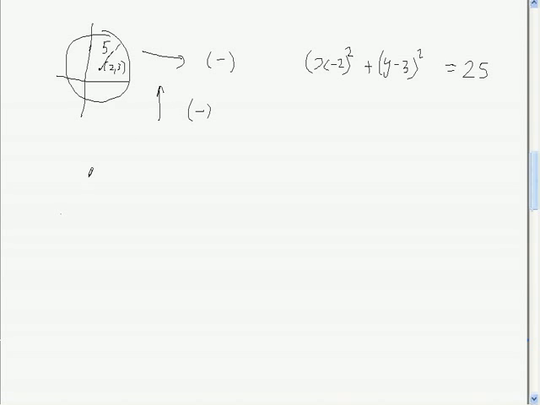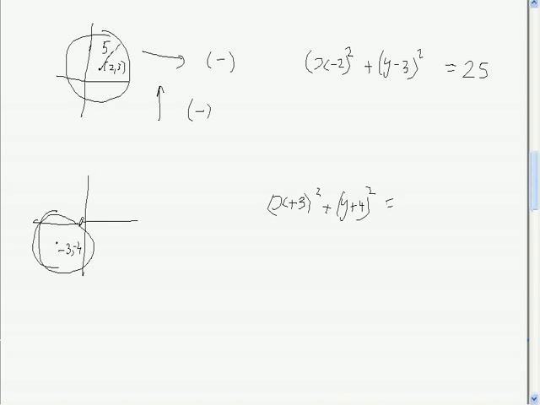Let's look at an example where the center is moved below and to the left. This circle here has coordinates minus 3, minus 4. If it's moved to the left, you've got to add it to the x and square it, and if it's moved down, you've got to add it to the y and square it.